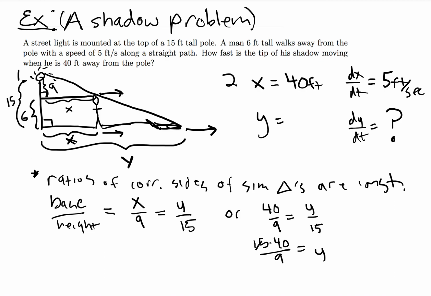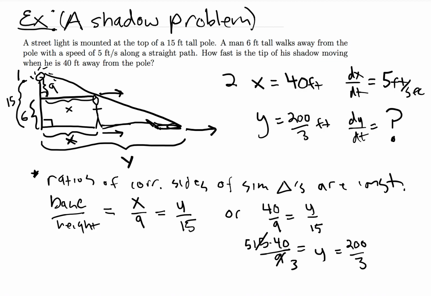If I do some minor cancellations here, I should be able to see that y is going to be 200 over 3, whatever that reduces to. So 200 over 3 feet.